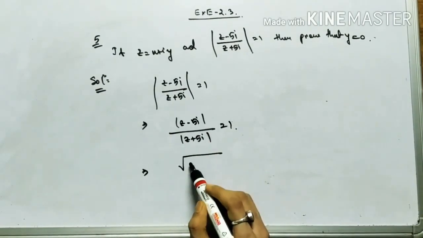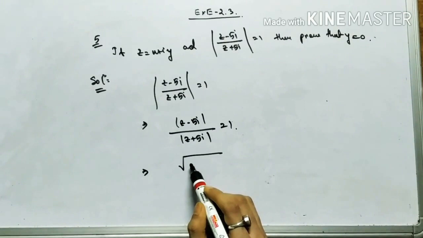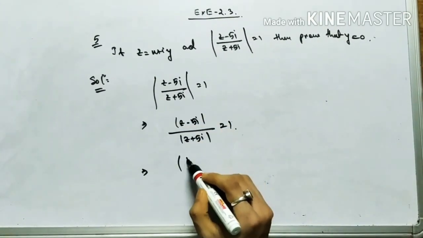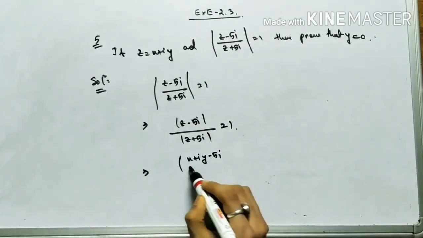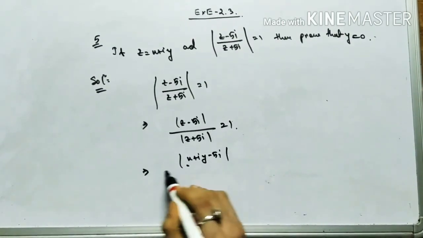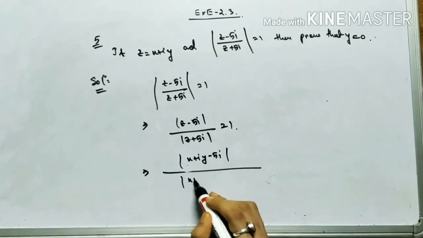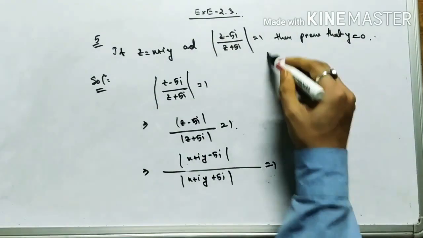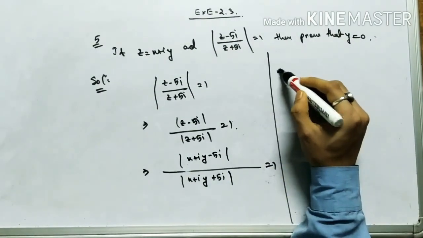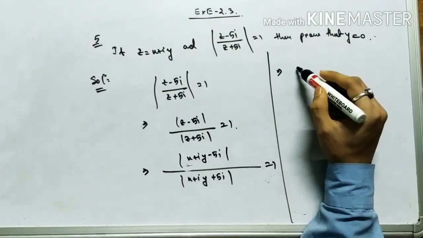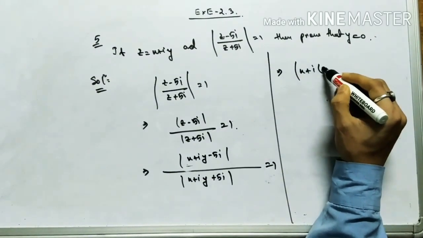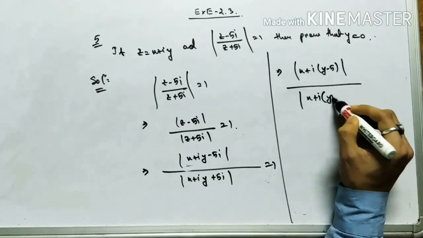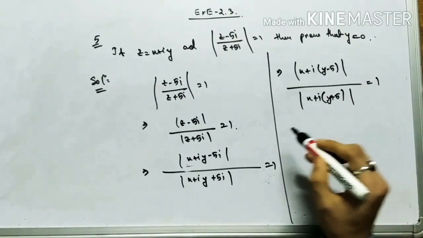Wait 1 minute. Let me put the value of z here. z value is x plus iy minus 5i modulus, divided by x plus iy plus 5i modulus, and this is equal to 1, given. So now this whole thing I can write as modulus of x plus i common y minus 5, by modulus of x plus i common y plus 5, is equal to 1.